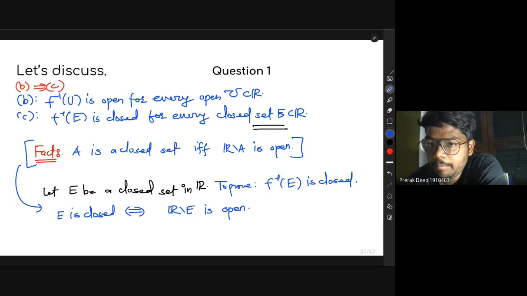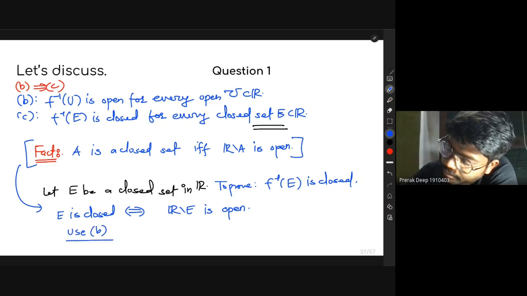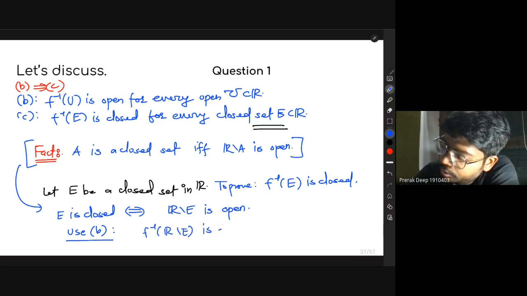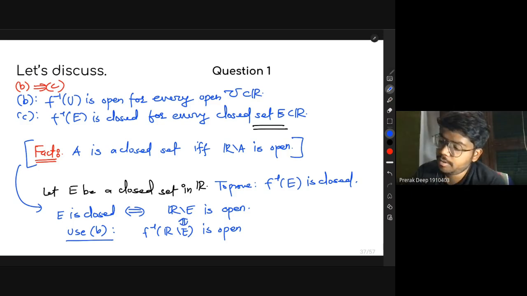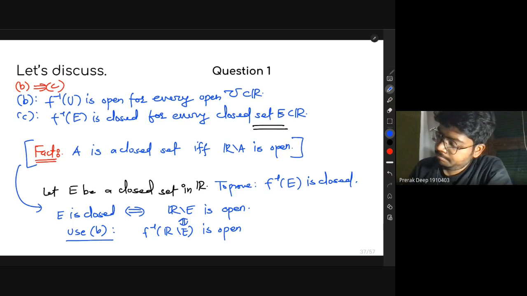Okay, R minus E is open, and now we use B, which says that f inverse of an open set is also open. So this implies that f inverse of R minus E is open. Okay, fine.